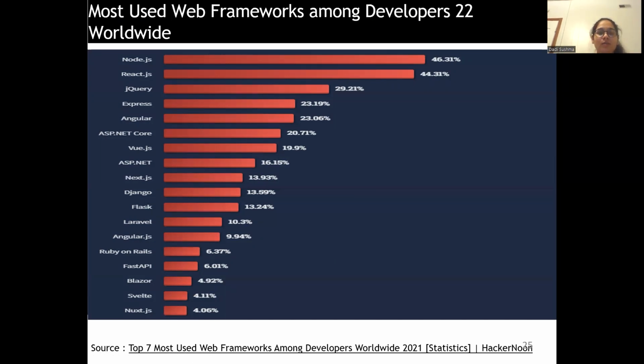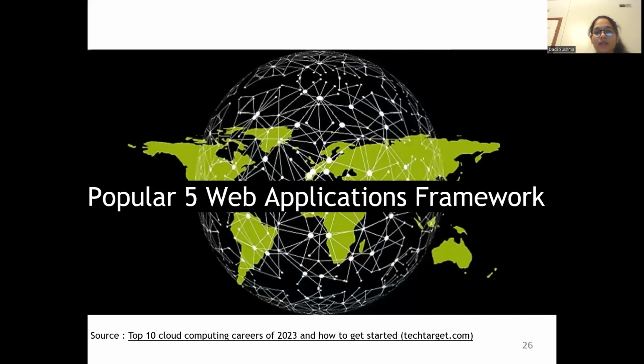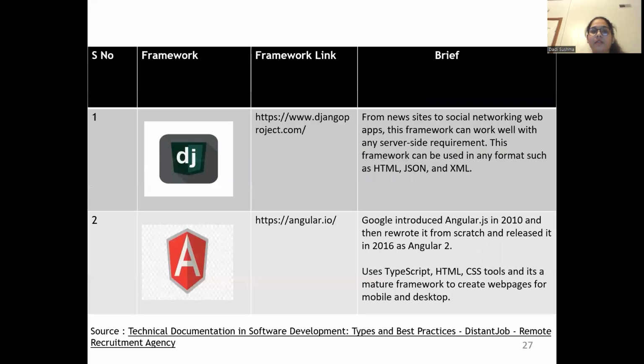So these are the most used web frameworks among the developers in 2022 all over the world. And now we are going to see the popular five web application frameworks.